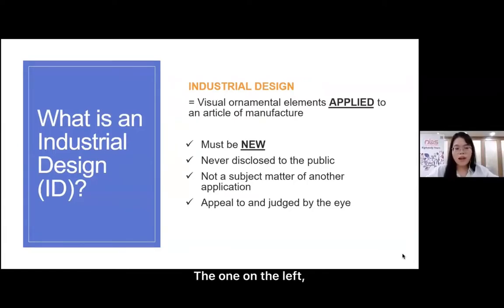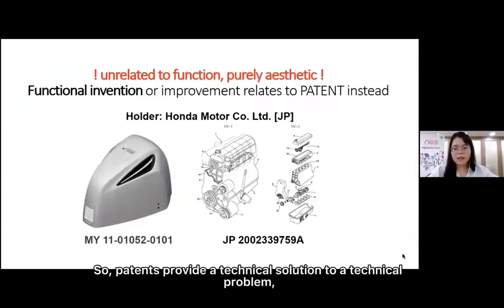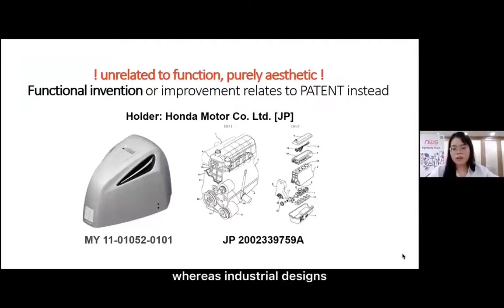The one on the left, as shown on the screen, is an industrial design, and the one on the right is a drawing accompanying a patent specification. So patents provide a technical solution to a technical problem, whereas industrial designs purely concern the aesthetics or appearance of a product. So it really is there to make something look really nice to the examiner and your potential customers.